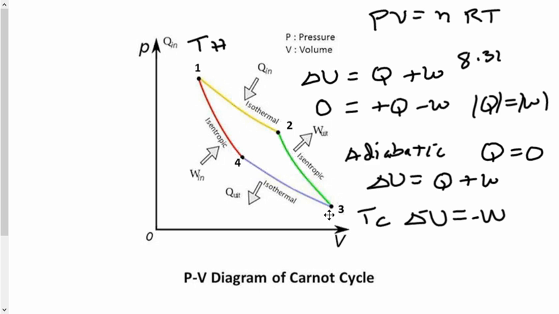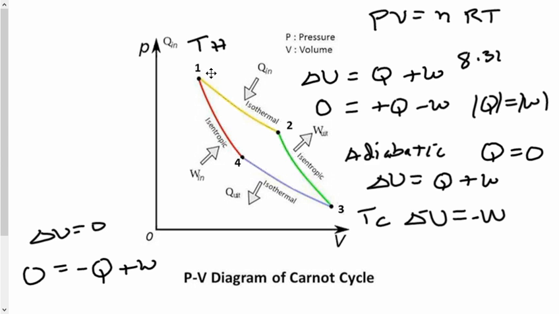Okay, now on the way back from 3 to 4, we're going to make our way back up to T hot here. We have an isothermal compression here. Now remember, isothermal does mean delta U is equal to 0 again, so we'll have 0 this time equals, now heat's got to come out, so a minus Q, and this time it's going to be plus W. From the perspective of the gas, work is actually going into the gas now, because it's being compressed.